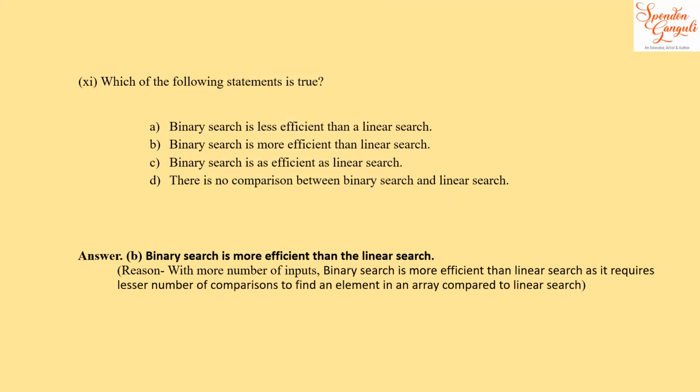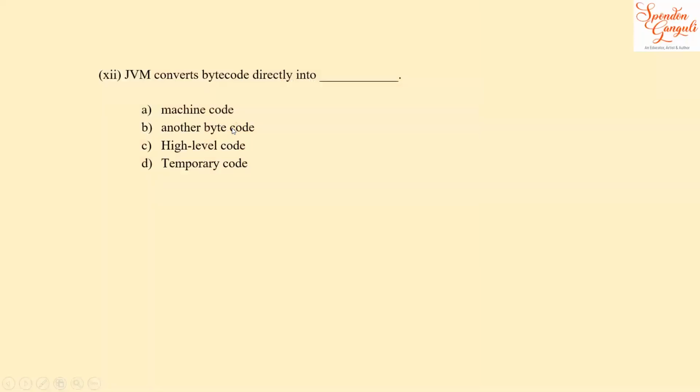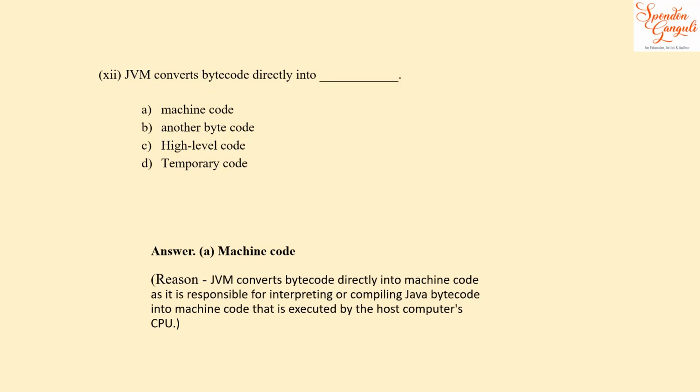As we all know, with a larger number of inputs, binary search is more efficient than linear search as it requires fewer comparisons to find an element in an array compared to linear search. Next question. JVM converts bytecode directly into machine code, another bytecode, high-level code, temporary code. The answer is machine code.